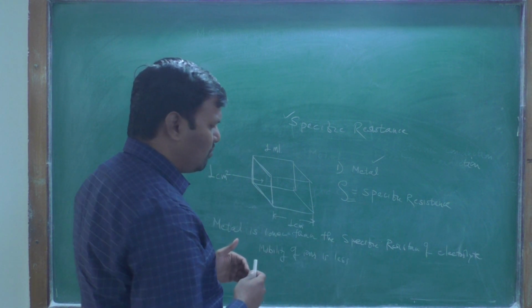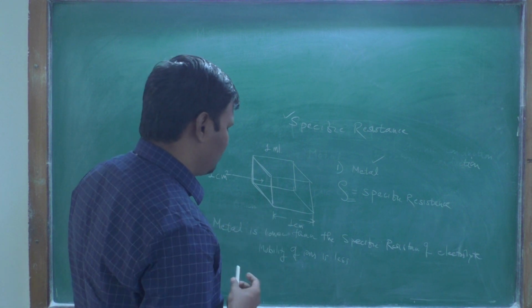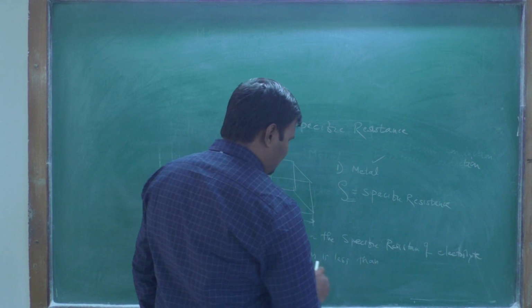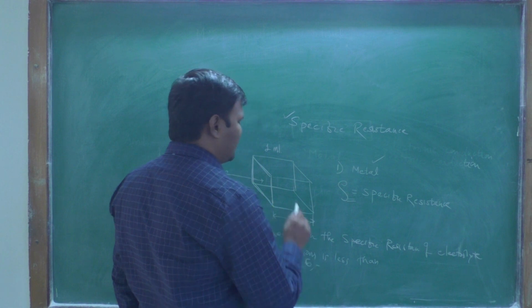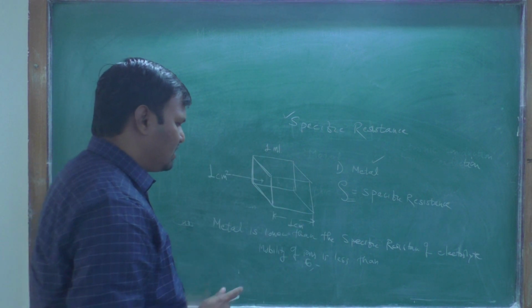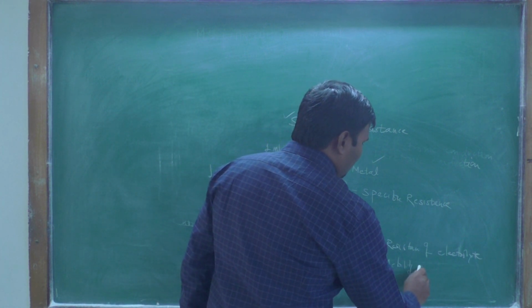Their velocity and speed are less. The mobility of ions is less than the mobility of electrons.